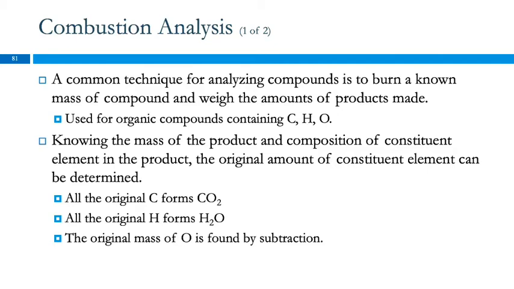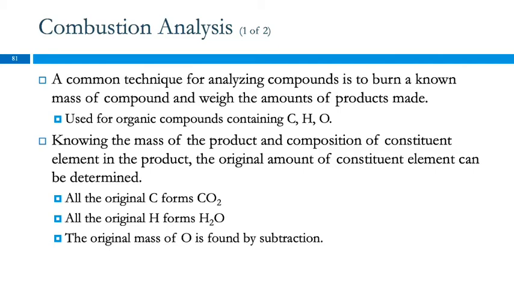Organic compounds typically contain carbon, hydrogen, and oxygen. So when you burn a compound containing carbon, hydrogen, or oxygen, all of the carbon gets turned into carbon dioxide. All of the hydrogen turns into water, and then we can find the mass of oxygen in the original compound by subtraction.